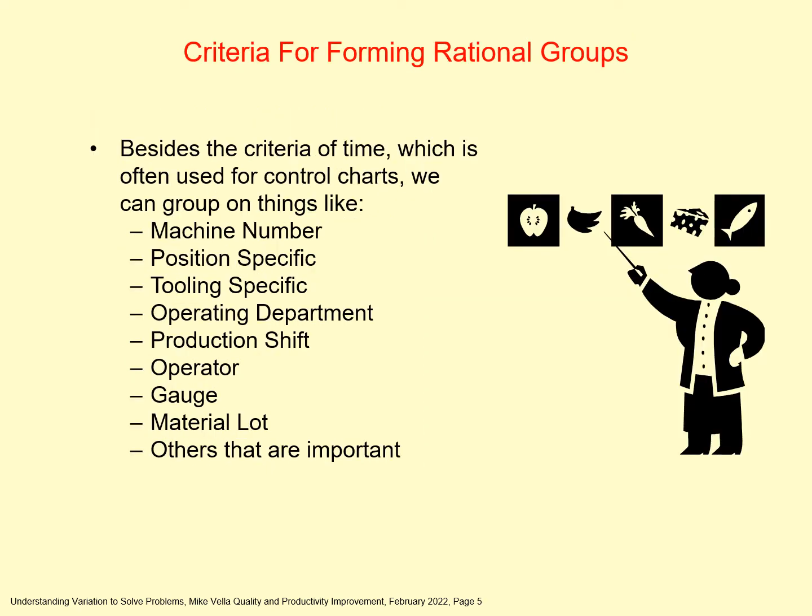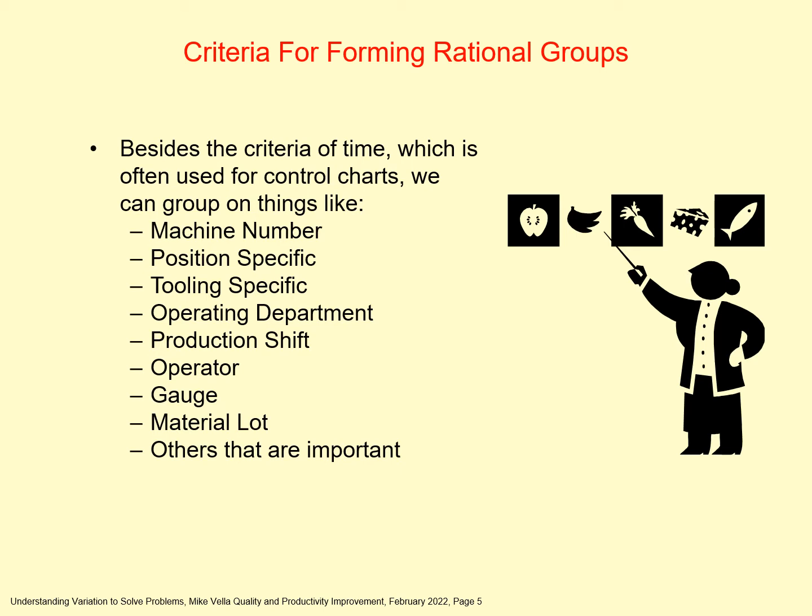So some criteria for forming rational subgroups are, besides the criteria of time, you're going to select data, and then when are you going to select it next, in the next 15 minutes, the next 20 minutes, the next hour. Please understand that there is no set form or no rule for when you create your next set of subgroups.